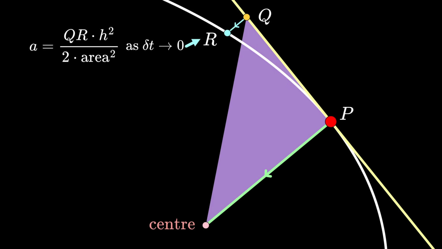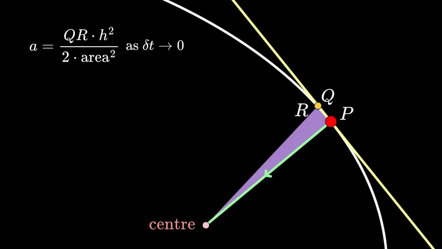Instead, this formula should be understood as the limit of this ratio as delta t tends to 0, or equivalently, as R goes all the way to coincide with P. That's why we can ignore terms of higher order in delta t.